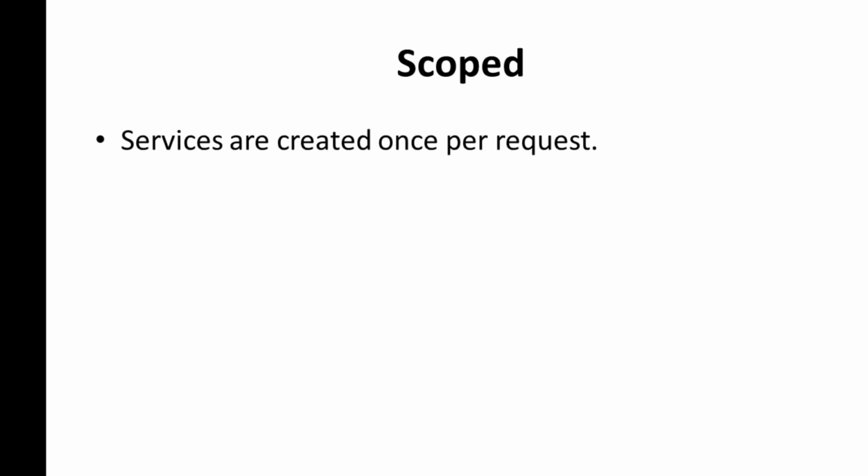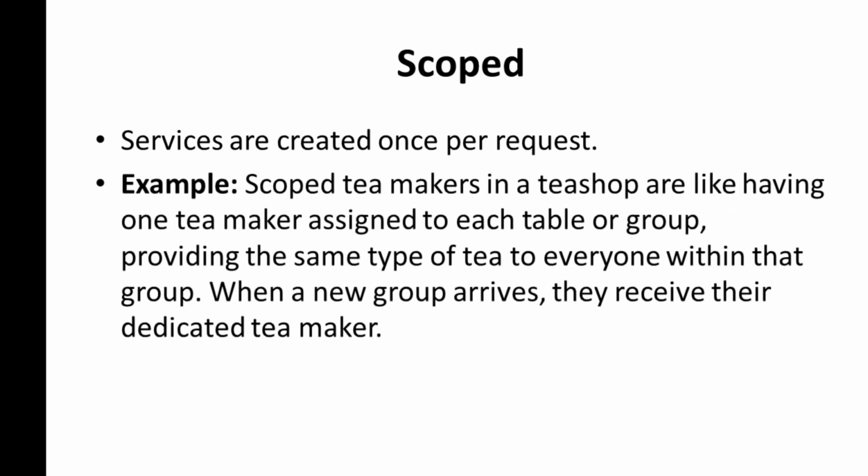Then we'll see what is scoped lifetime. These services are created once per request. We'll see this with the tea shop example too. A scoped tea maker in a tea shop is like having one tea maker assigned to one table, or a group of people.